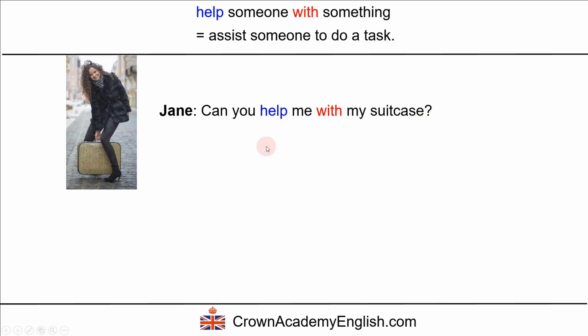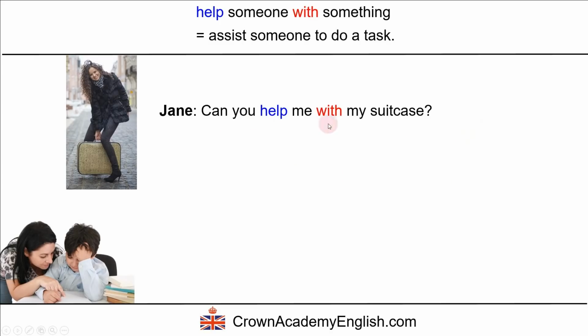So here, clearly, Jane is asking for help to carry her suitcase. You can also say, "Can you help me with my bag?" You could also say, "Can you help me with the door?" And that would mean, "Can you help me open the door?" So this is obviously a question form.